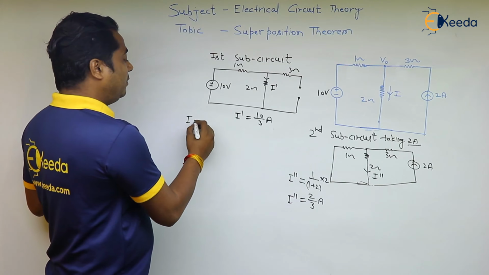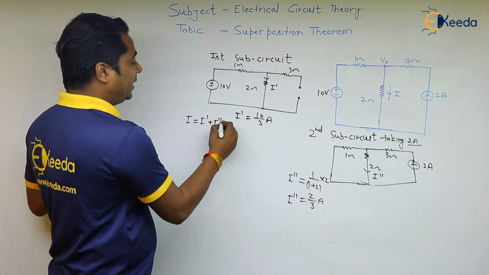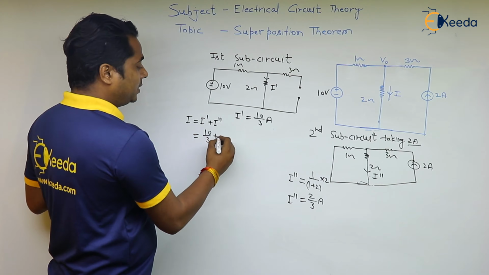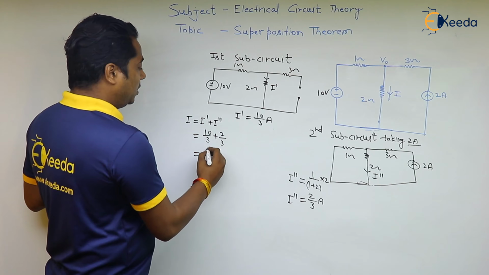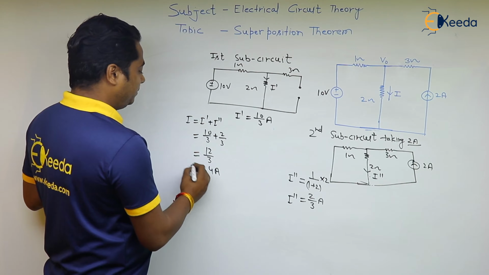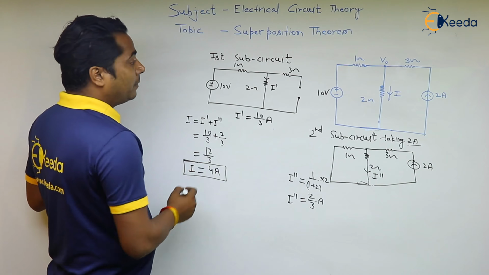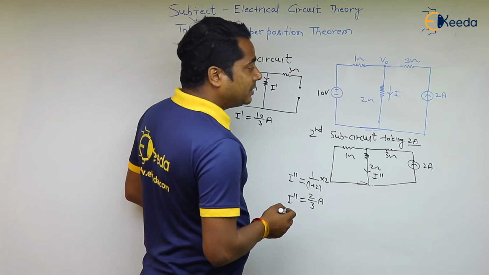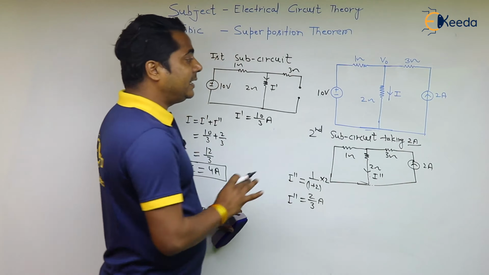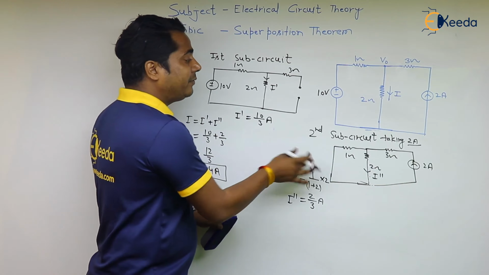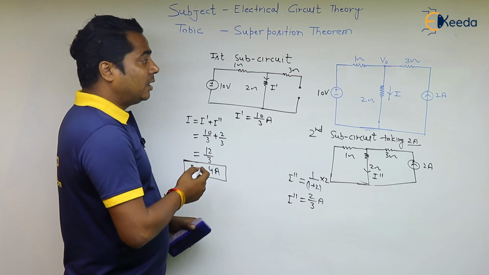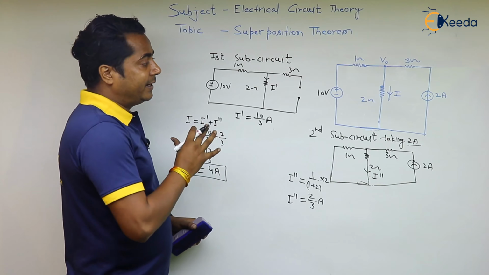The total I will be equal to I dash plus I double dash, which is 10 by 3 plus 2 by 3, that is 12 by 3, equal to 4 ampere. By the help of nodal analysis, we found the value of I was 4, and when we considered each source individually and took the algebraic sum, we are getting 4 ampere. It means the superposition theorem is verified.